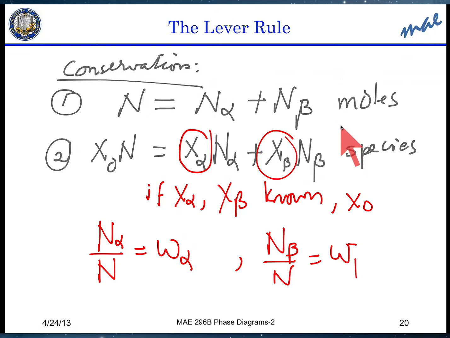I'm going to call it W of beta. So these are things that we can find.